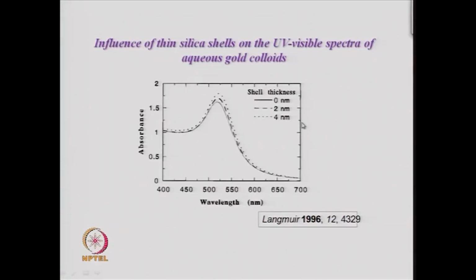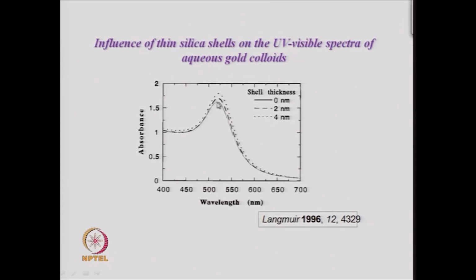Now, what happens to the spectra, that is the absorption, when you have these kinds of shells around the gold particles? This is a plot of the absorbance of these gold colloids which have been coated with silica, and you see the dark bold line is the surface plasmon band of the gold particles with no silica shell.